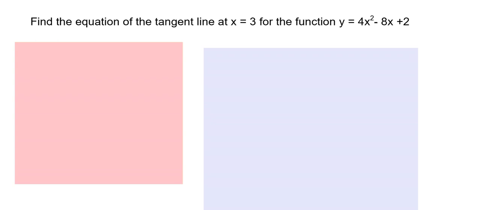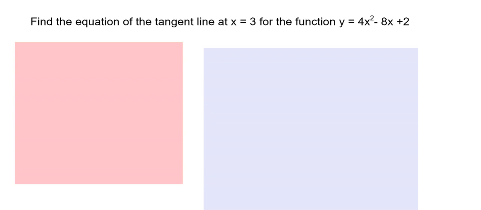So it's asking us to find the derivative, plug 3 in. That's going to be our slope. And then find when x equals 3, what's the value for y. So that's our point. We have our slope, we have our point. And you can either use point slope formula or slope intercept. Your choice. Pause it, and let's see what we've got.